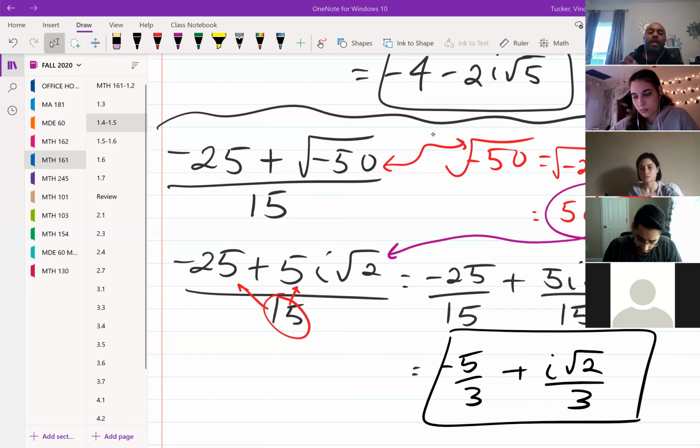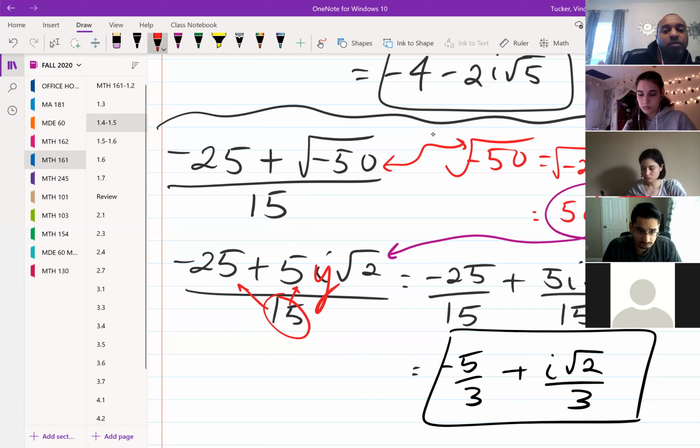If we didn't have imaginary numbers, you wouldn't necessarily have to separate. It has nothing to do with calculation. That's just the form they want complex numbers written in. But if this was a y instead of an i, you could have left them together and just reduced.